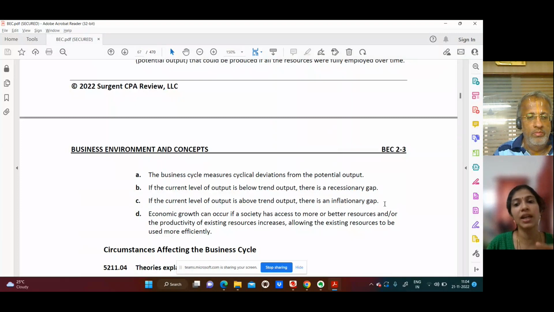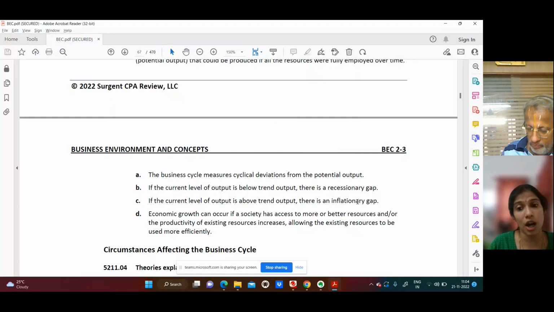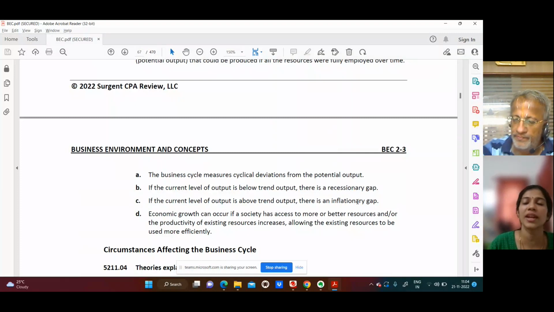So there is a recessionary gap. Your difference between the actuals and the potential, if it is lower, then there is a recessionary gap. And similarly, if it is higher, then there is an inflationary gap. It means that your demand is really, really high when compared to your potential output. So you are employing more and more resources, and therefore there is an inflationary gap.